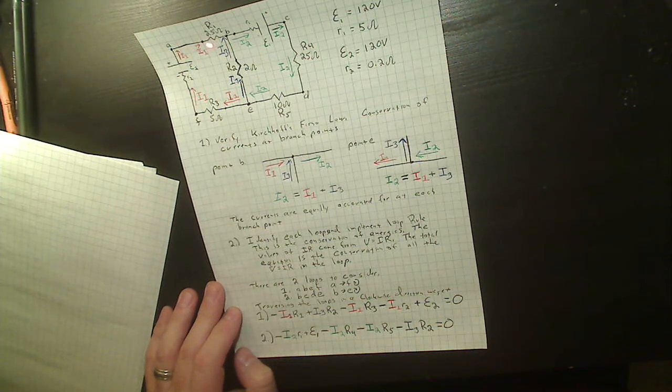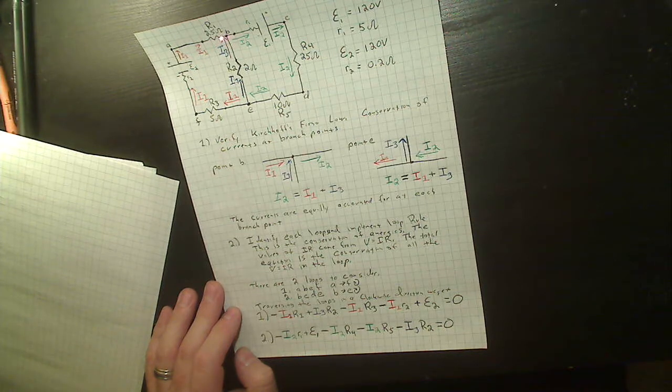And so that means I am going to subtract IR. If we look at those traverse rules, when we cross a resistor in the same direction as current, we're going to use the opposite of the voltage. So that's minus, in this case, I1 R1.